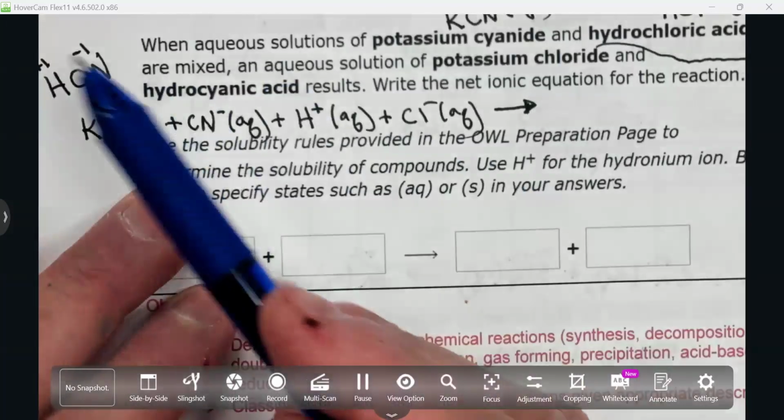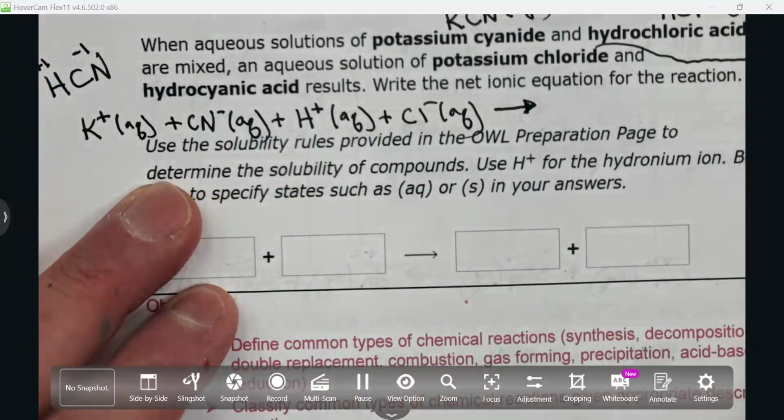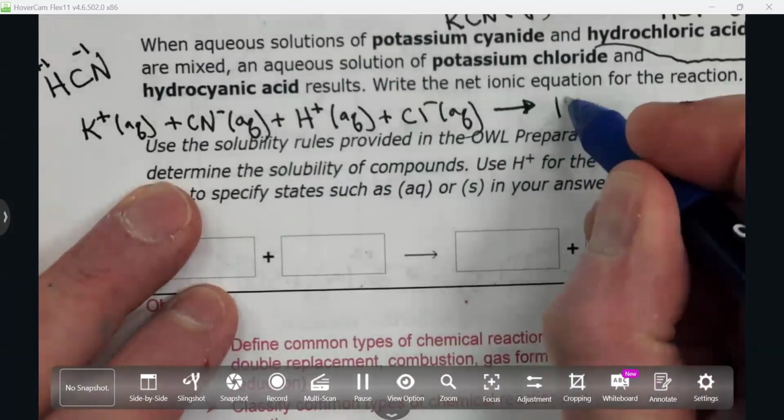Now we get KCl, which is going to split up.